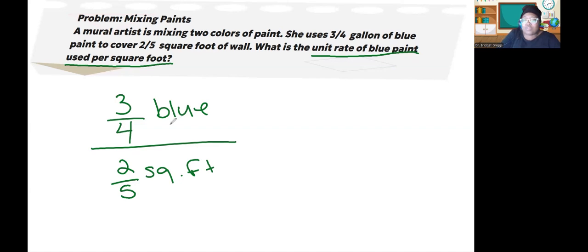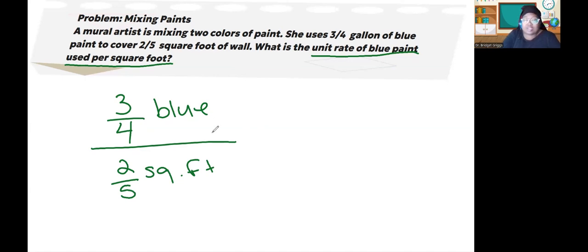Now, when we are dividing fractions, we do keep, change, flip, meaning we're going to keep the first fraction, we're going to change division into multiplication, and then we're going to flip the second fraction or multiply by the reciprocal.